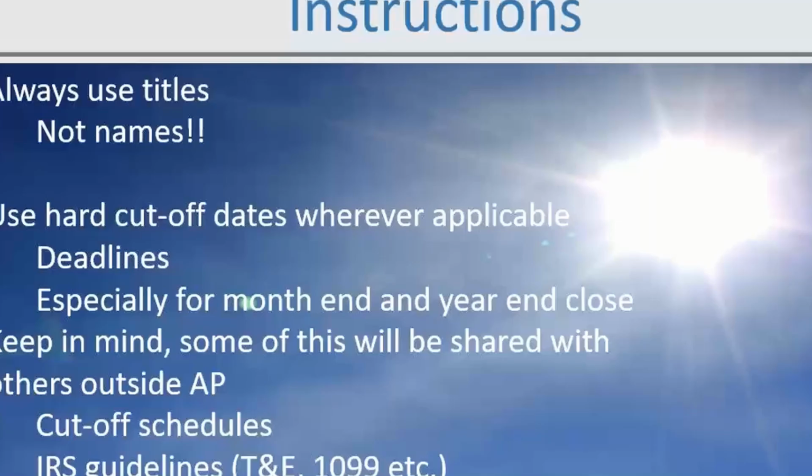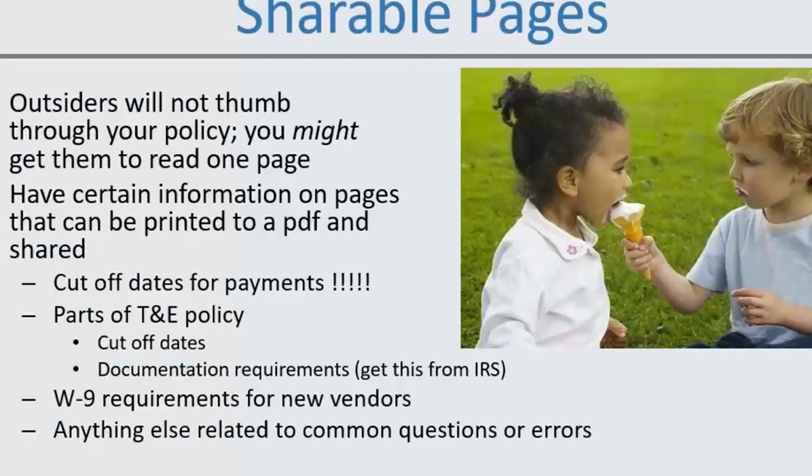And remember, you're going to share some of this stuff with people outside AP, so don't assume that people automatically know what you do. This is especially true when it comes to cutoff schedules, things like IRS guidelines for expense reimbursements, 1099s, etc. So your shareable pages are these things that you want other people to read that you can print to a PDF.